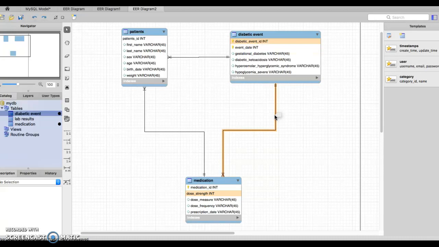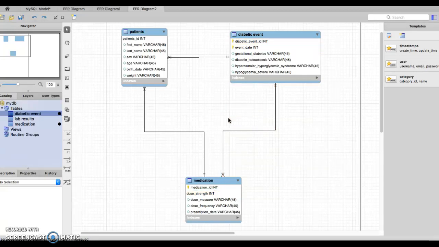Now, the diabetic event is connected to the medication table by the dosing strength. I chose this because based off of the event, if medications are similar, obviously some will be more severe than others, so the dosing strength might be differing in terms of that.